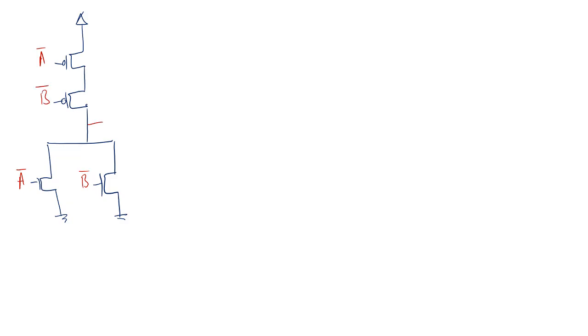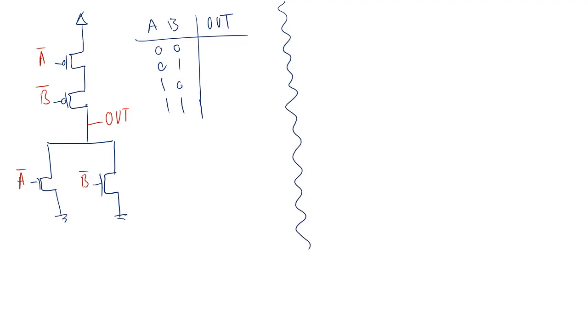And again, same as before, the output is the middle point. The question is, I'll do the truth table and figure out what kind of a gate this circuit is representing for different values of A and B. Again, pause the video, try to do it yourself, and then we're going to do it together.